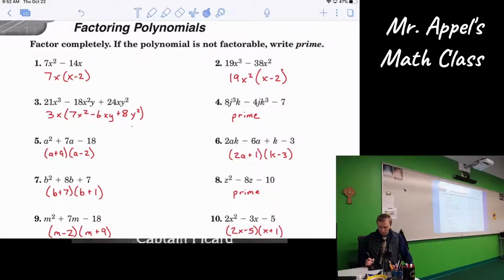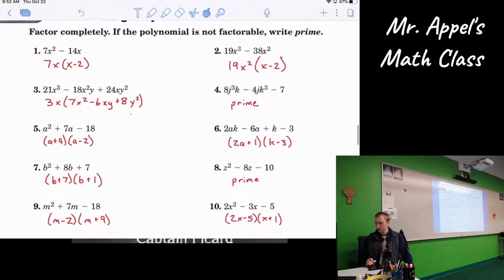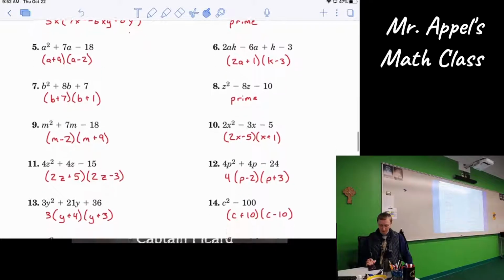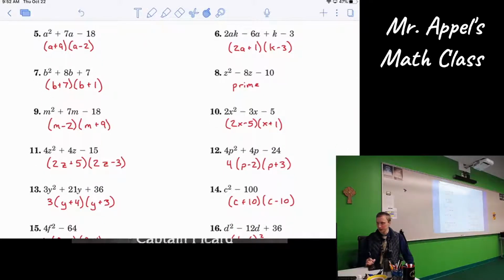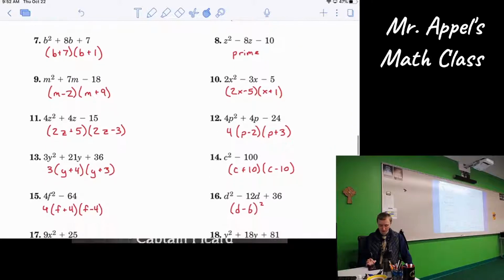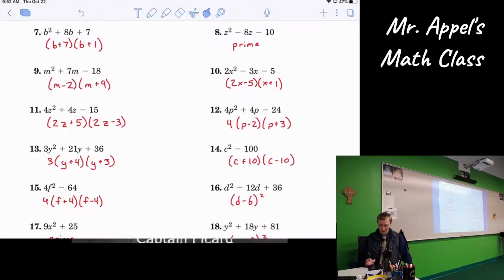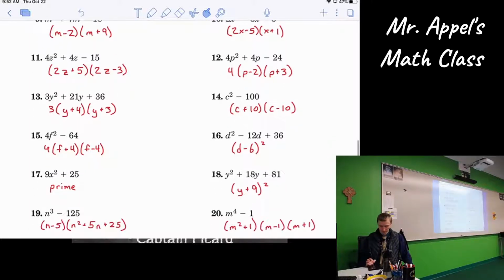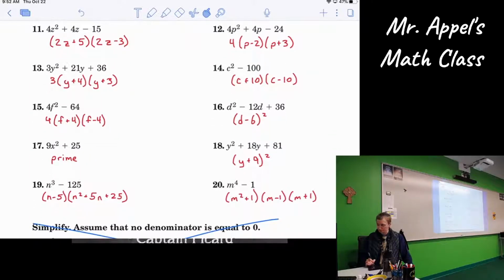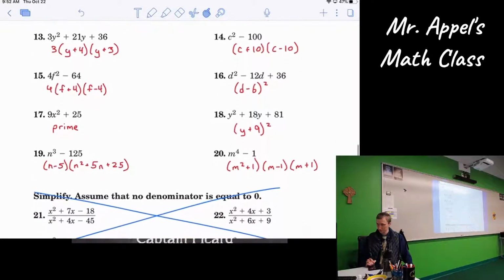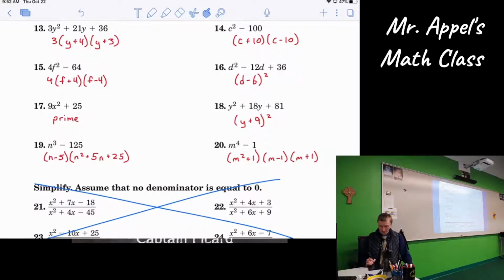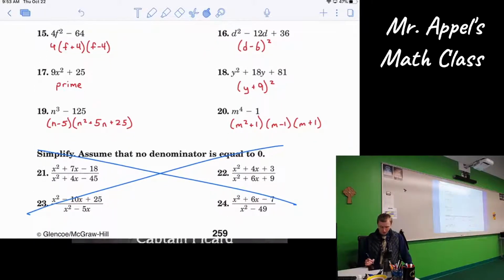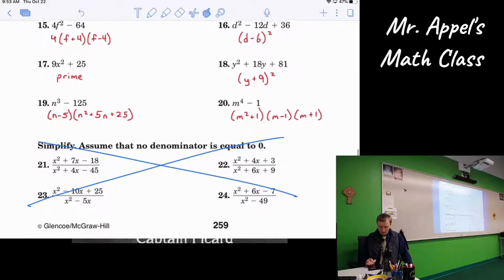I'm just going to scroll through here. Nice and easy. Stop me at any point if you need anything. And if you watched the class video yesterday, you would know you got to skip those division ones at the end.